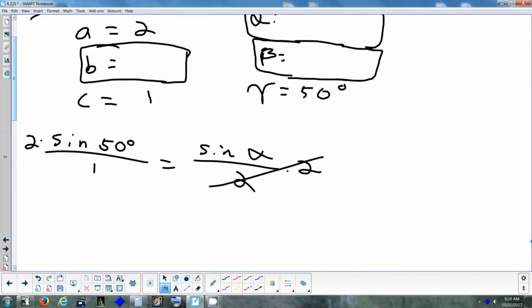You don't even need to cross multiply. So you get 2 sine 50 equals sine alpha. And Hayden, how do we get rid of the sine function? Careful, it's a function. You can't add, subtract, multiply, or divide to get rid of a function.